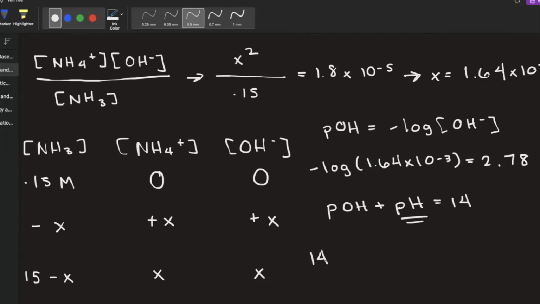So by doing that, I'm going to go ahead and write it. And we're going to find that our pH is equal to 11.22.